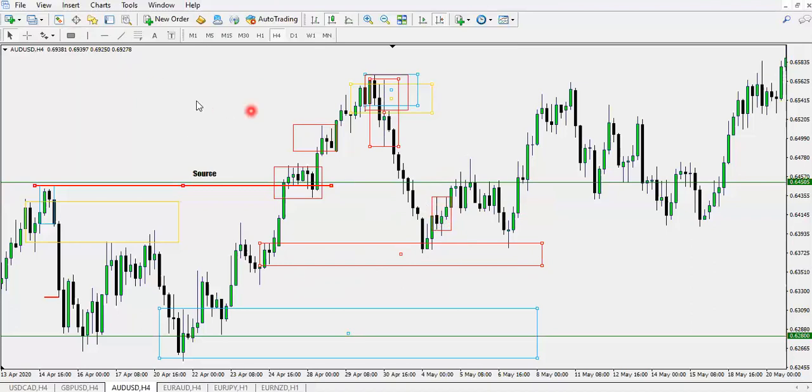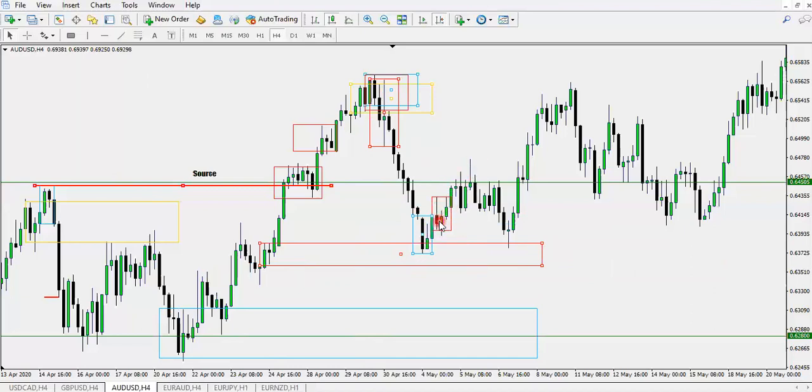Okay, now notice we haven't had a breaker yet because this was the last green or bearish order block we had, but we still have a source. So we still have a source. So this candle over here is our source because that is the lowest point before this move on the 4-hour chart.